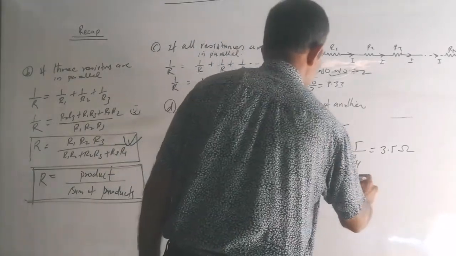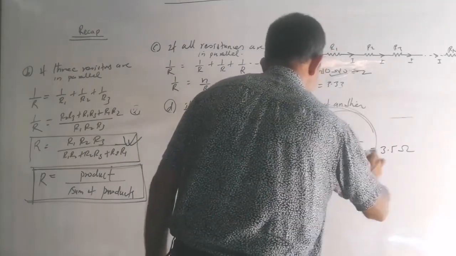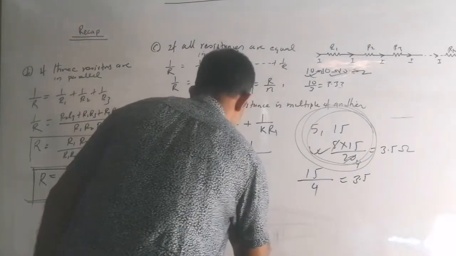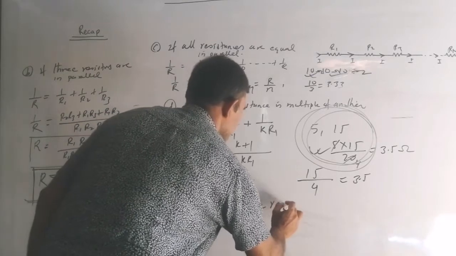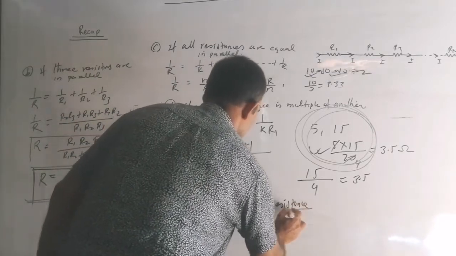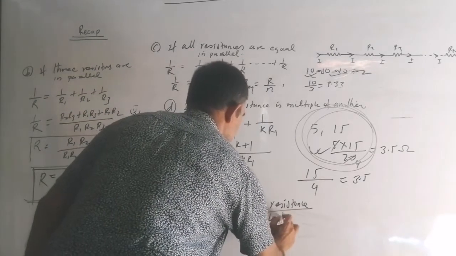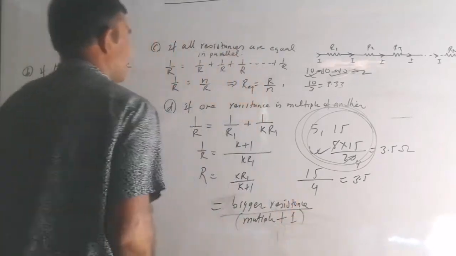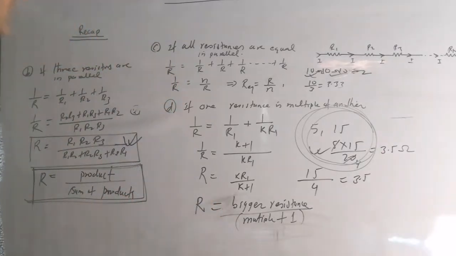So you will get the same value. But you are not going to use this much product and sum. Simply write the bigger resistance, divided by multiple plus 1. So how many times? 2 times, 2 plus 1, 3. Just divide and you will get the resistance, if one resistance is a multiple of the other.